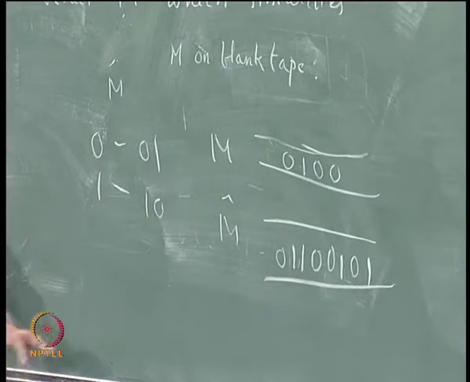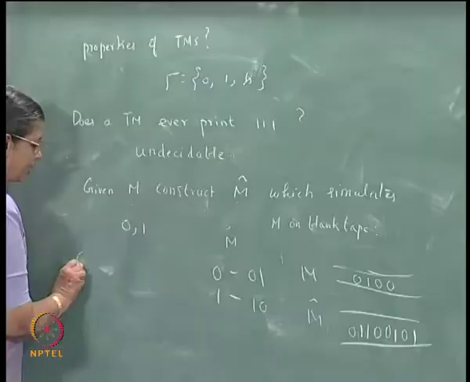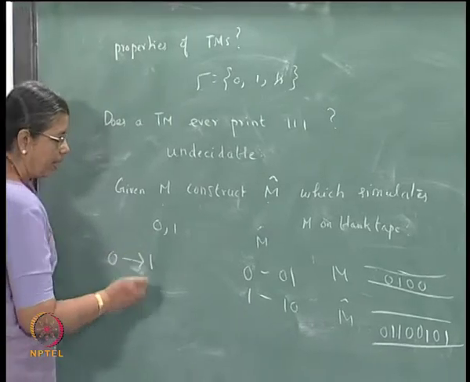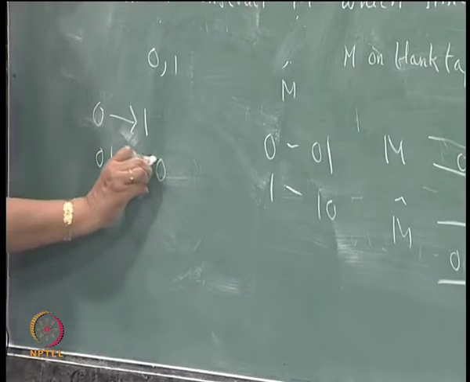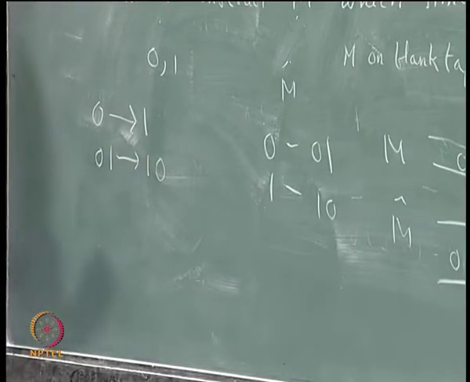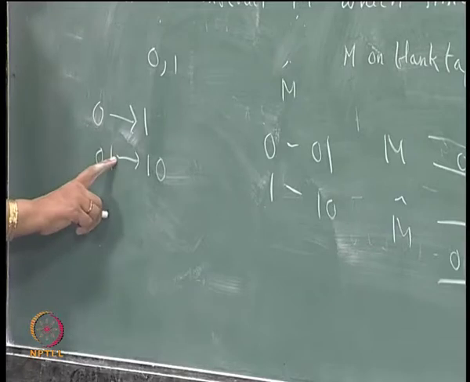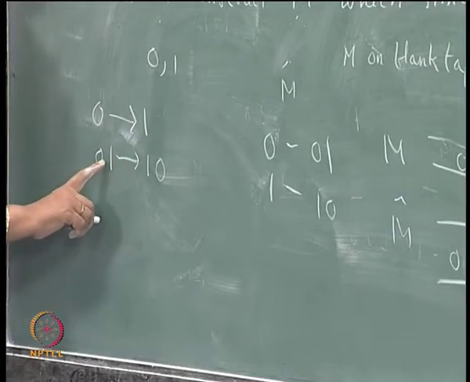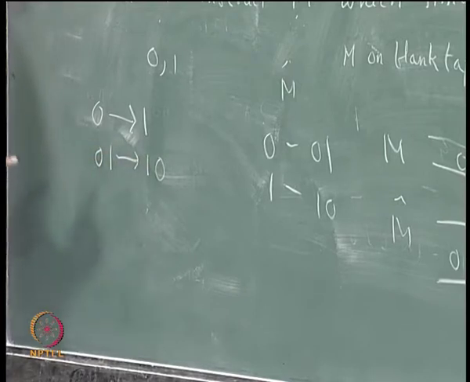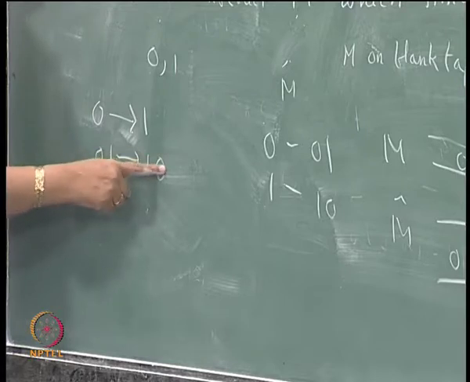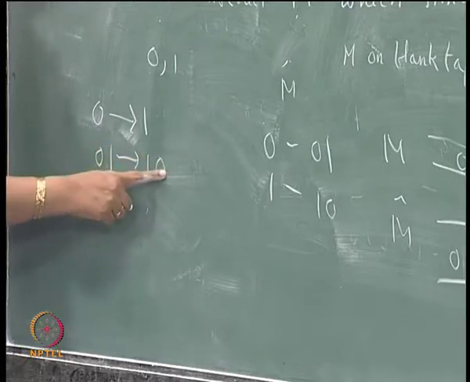Also, when you change 0, 1 to 1, 0, you do it in such a way that first you change the 1 to 0 and then the 0 to 1, one by one. If you change 0 to 1 first, at one stage you will have 2 ones, and that you avoid.